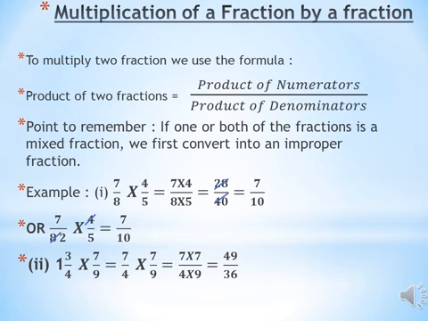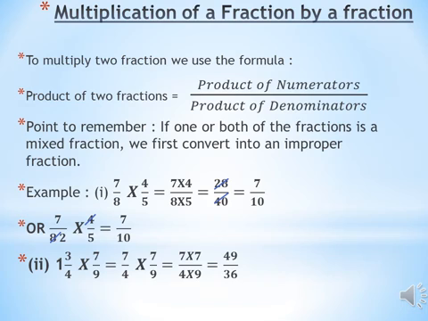Now let us take an example in which a mixed fraction is involved. But to solve with a mixed fraction, you have to keep one thing in mind, that if one or both of the fractions is a mixed fraction, we first convert it into an improper fraction. Here 1 3 by 4 is a mixed fraction.